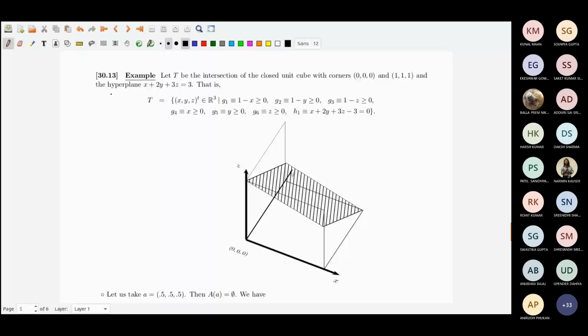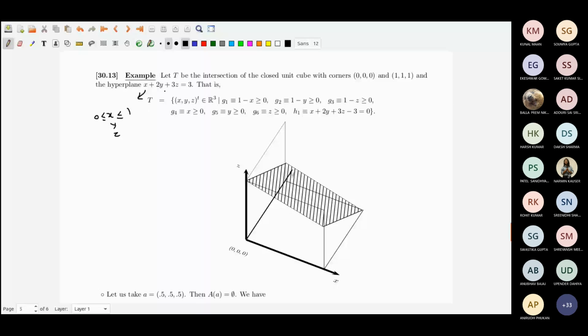So T can be written as 0 less than or equal to x less than or equal to 1, 0 less than or equal to y less than or equal to 1, 0 less than or equal to z less than or equal to 1, and x plus 2y plus 3z equal to 3. I can write the constraints like this.